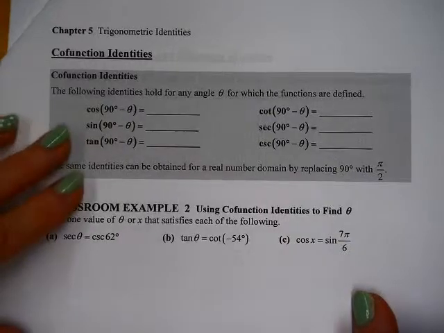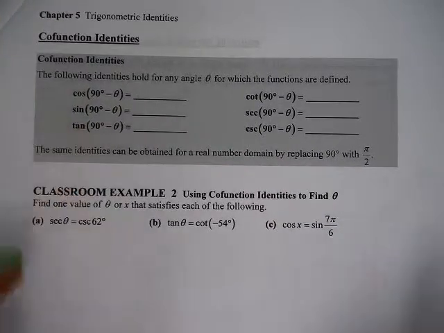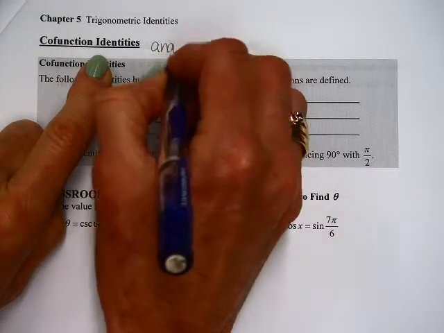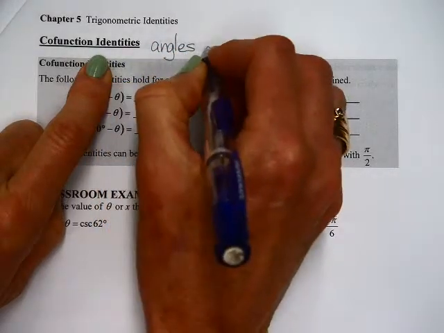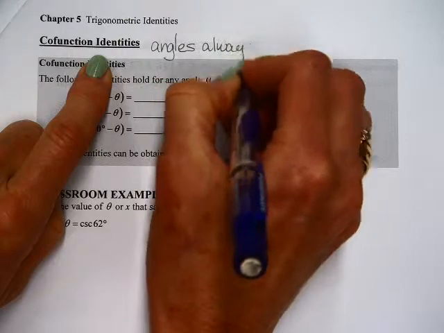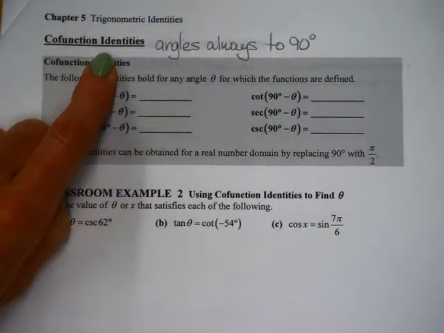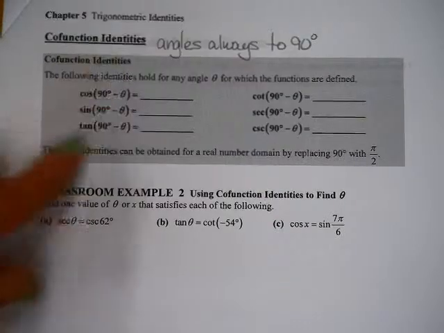But when we talked about cofunction identities, I talked about sine and cosine being cofunctions if the angles added to, does anybody remember what they have to add to? 90. When you have cofunction identities, your angles always add to 90 degrees. That is the main thing you need to remember.